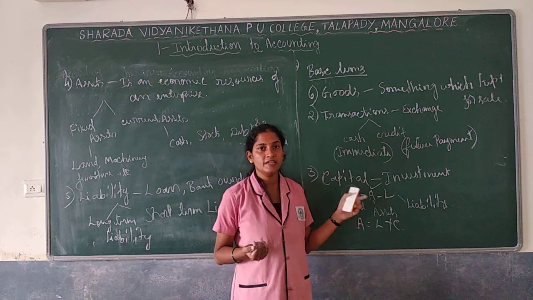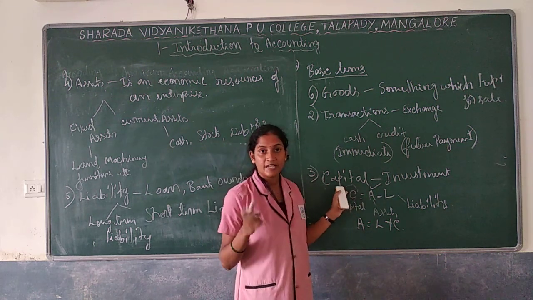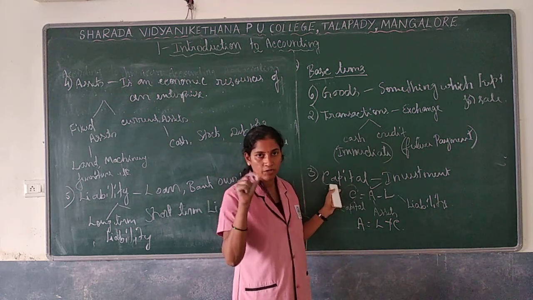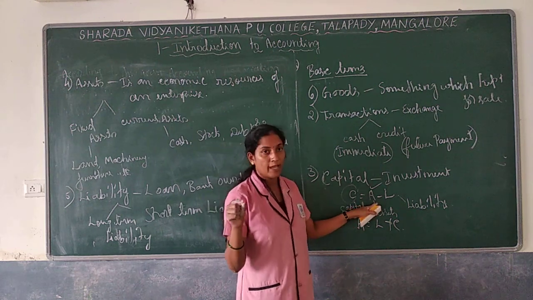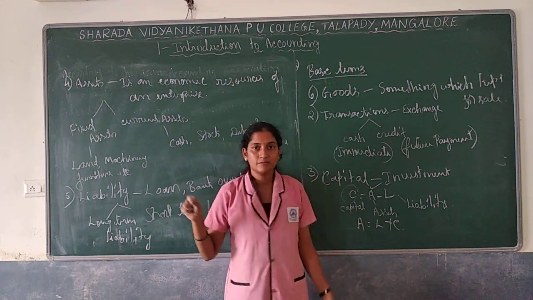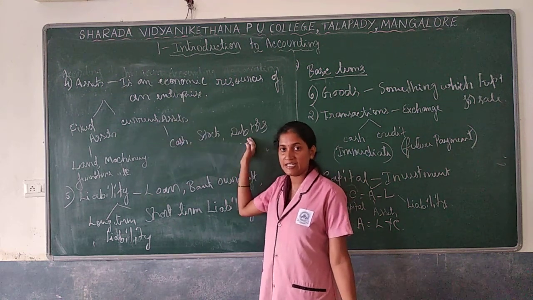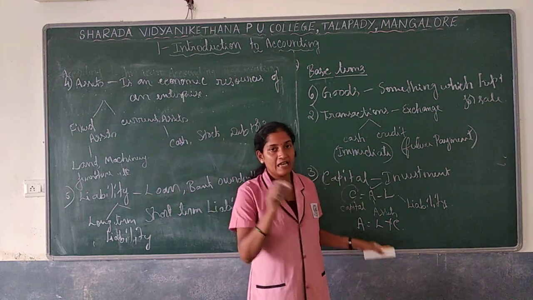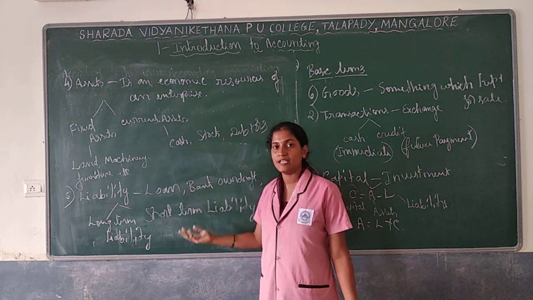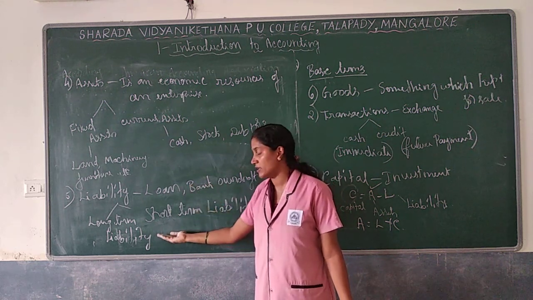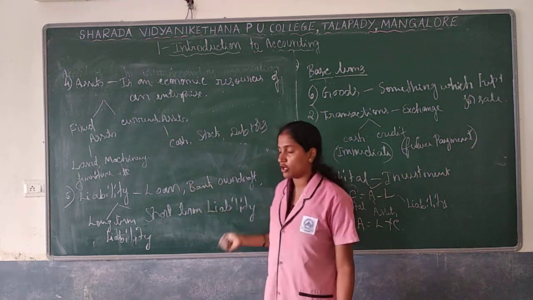Next we studied capital. Under capital we have one formula, C is equal to A minus L. A is nothing but asset. Under asset we have fixed asset as well as current asset. Next we studied L, which is liability. Liabilities are of two types, long-term liability and short-term liability.